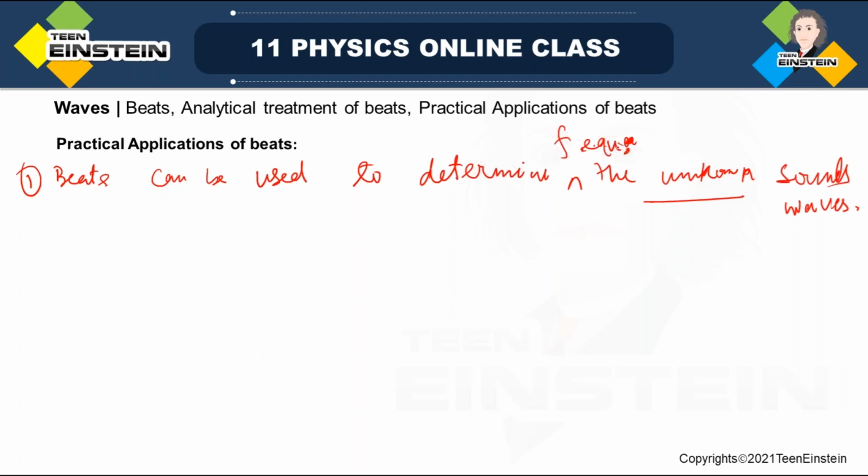Suppose the beat frequency is b. Suppose nu 1 is equal to nu 2 plus b. What does this mean?